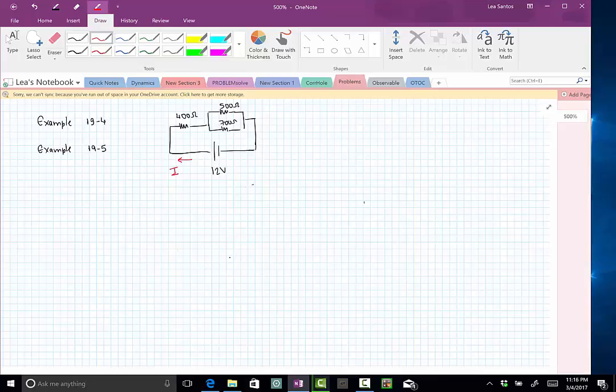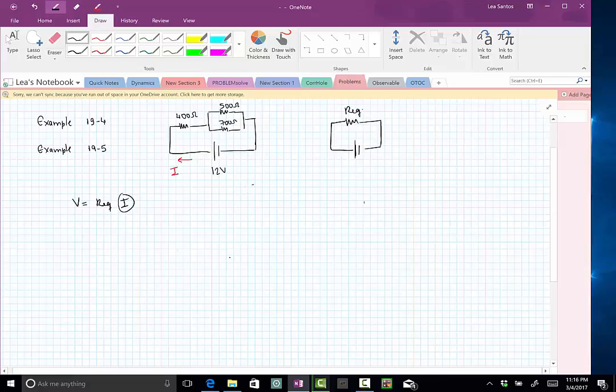If I have the equivalent resistance, then it will be easy because I will just need to use this equation to find this current. So what I'm after here is to substitute all of these resistances by a single one, which is the equivalent resistance of this whole circuit.